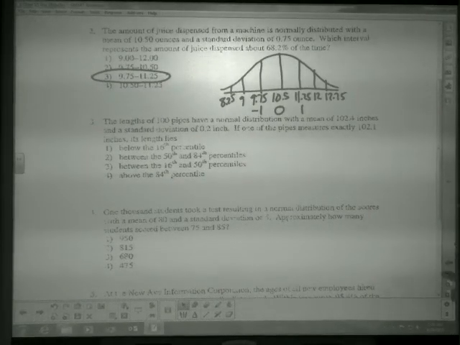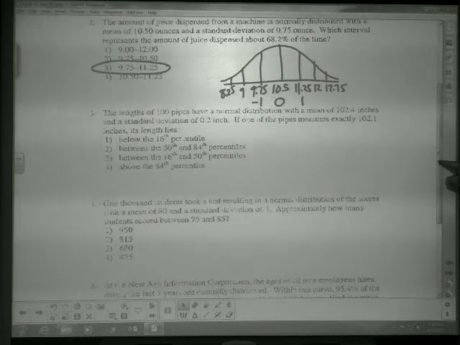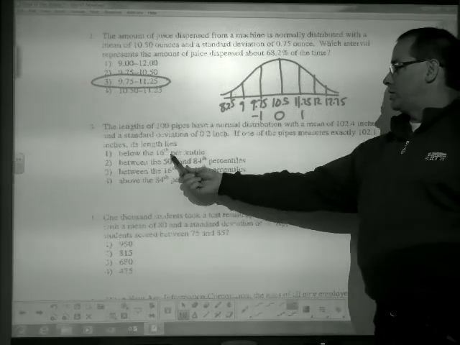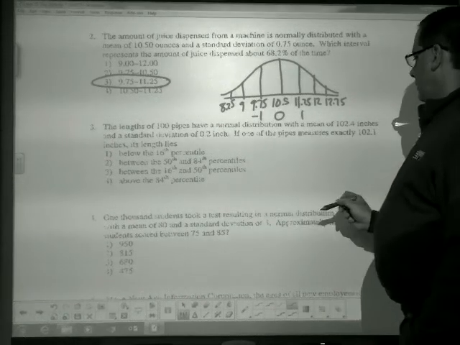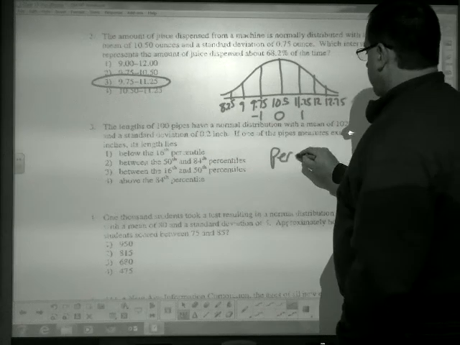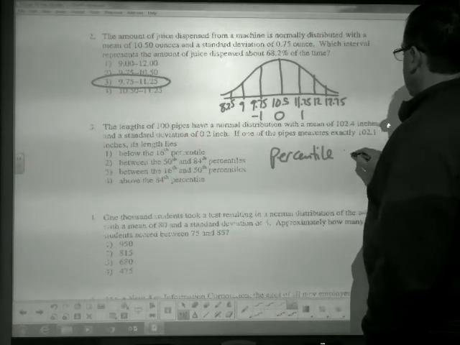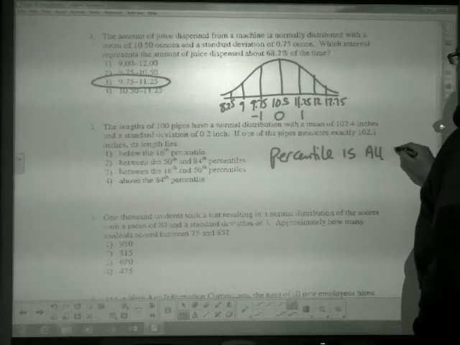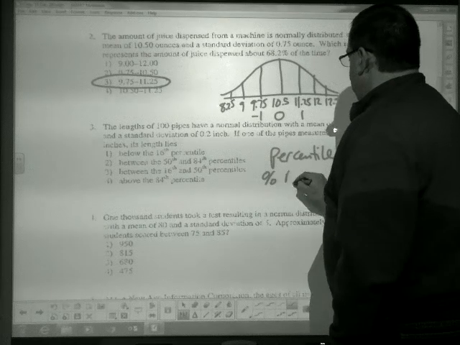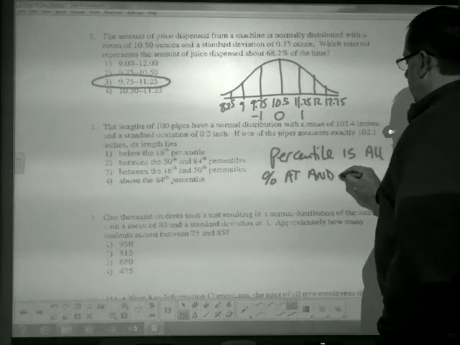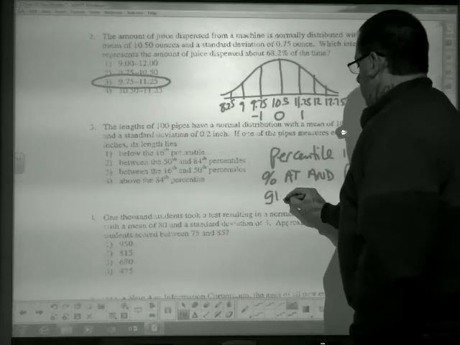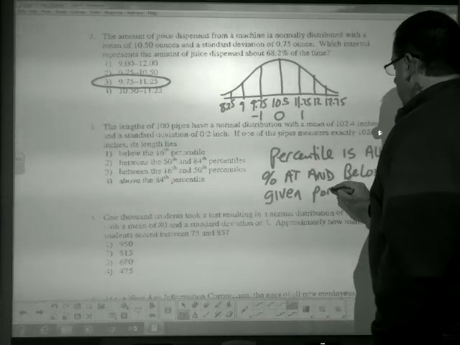And all of these questions kind of revolve around this scenario. Okay? The one thing, too, that you have to know is this word percentile. If you notice this next question, see it says percentile? All right? Percentile is all the percents at and below a given point.